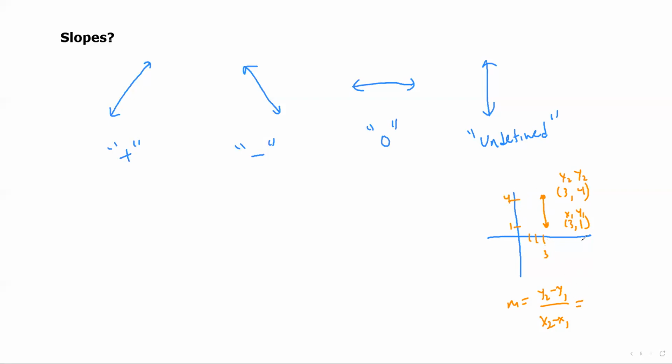Okay, so when I plug these values in here, I'm going to have 4 minus 1, and then 3 minus 3. So on the top, I'm going to have 3, and the bottom I have 0. And I can't divide by 0, okay? So that's why this is undefined, because when you take the difference of the x values, it's 0, and we can't divide by 0.